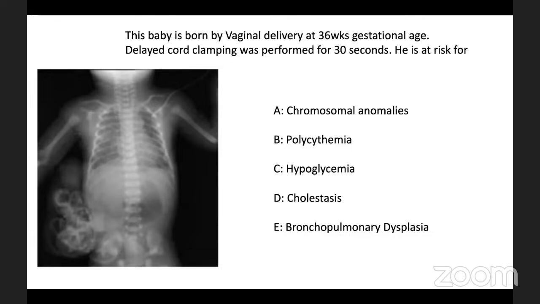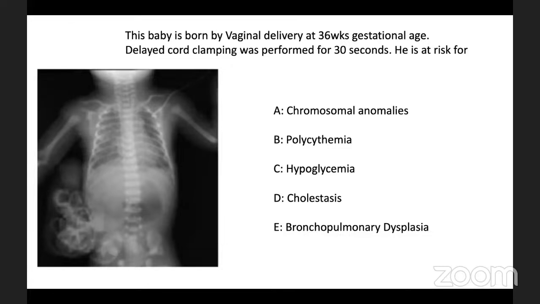Can you tell what this X-ray is? What are the findings? Dr. said you will volunteer and tell us what you can see in the X-ray. What is the underlying condition of the baby? It seems the bowel loops protrude outside. Exactly.